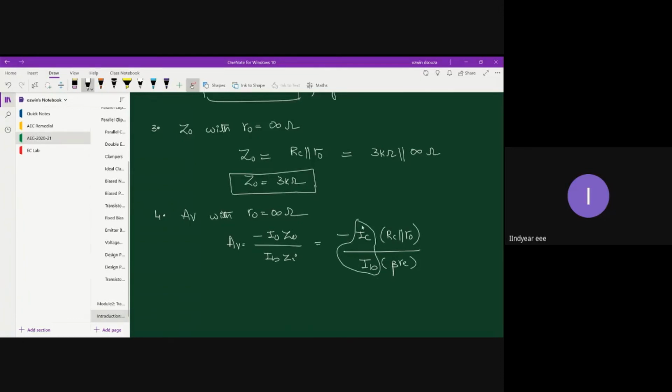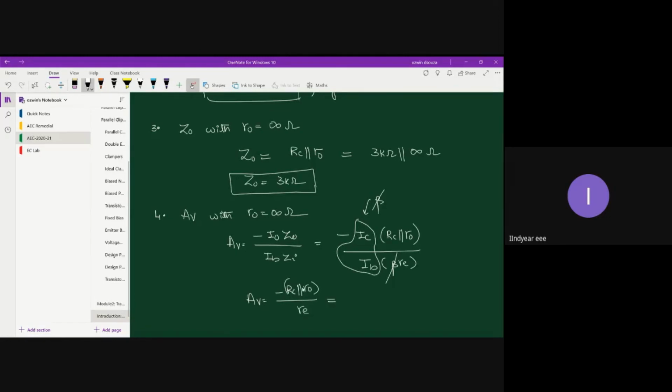You know that IC by IB is beta, so this beta and this beta get cancelled. So AV is minus RC parallel with R0 divided by RE.